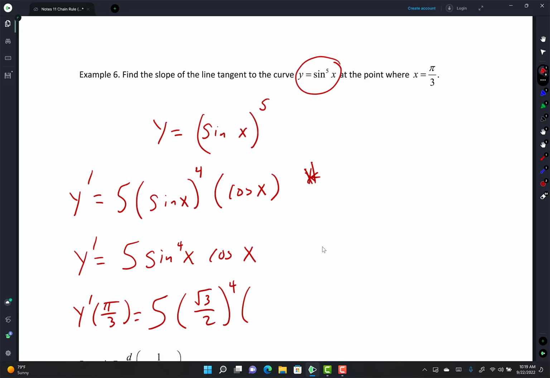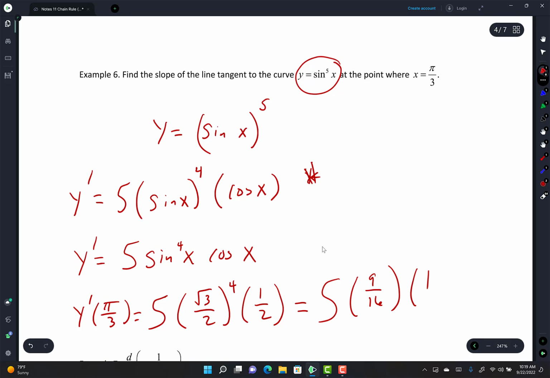Cosine of pi over 3 is a half. And I think we can do this without a calculator. 5. Square root of 3 times square root of 3 is 3. And 3 times 3 is 9. So I see 9 over 2 times 2, 4. 4 times 2, 8. 8 times 2, 16. 9 over 16 times a half. All right, finally. 5 times 9.